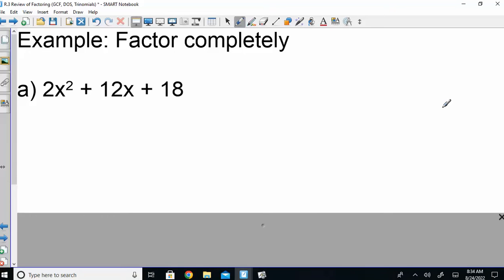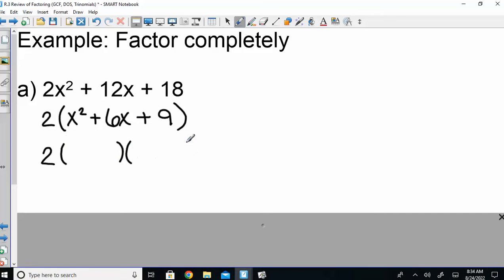So what would I do here? Yes, there is a greatest common factor. Don't forget to look for that. So if we factor out that 2, we get x squared plus 6x plus 9.